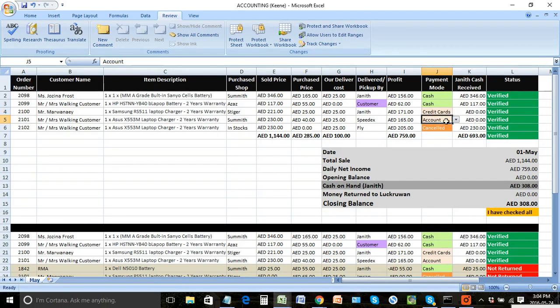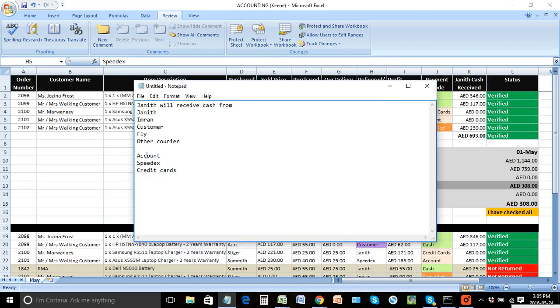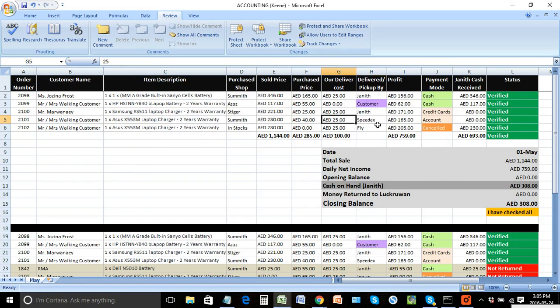And here again, if Janit goes to SpeedX, as I said, SpeedX is the account, so the SpeedX company will not give money to Janit. It goes directly to my bank. So if Janit says SpeedX, that money won't go to Janit. Okay, it's as simple as that.